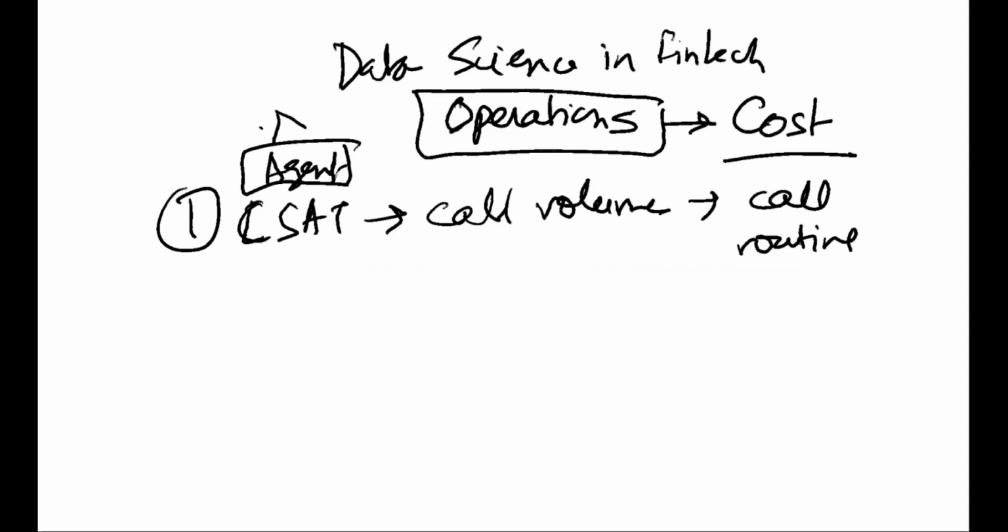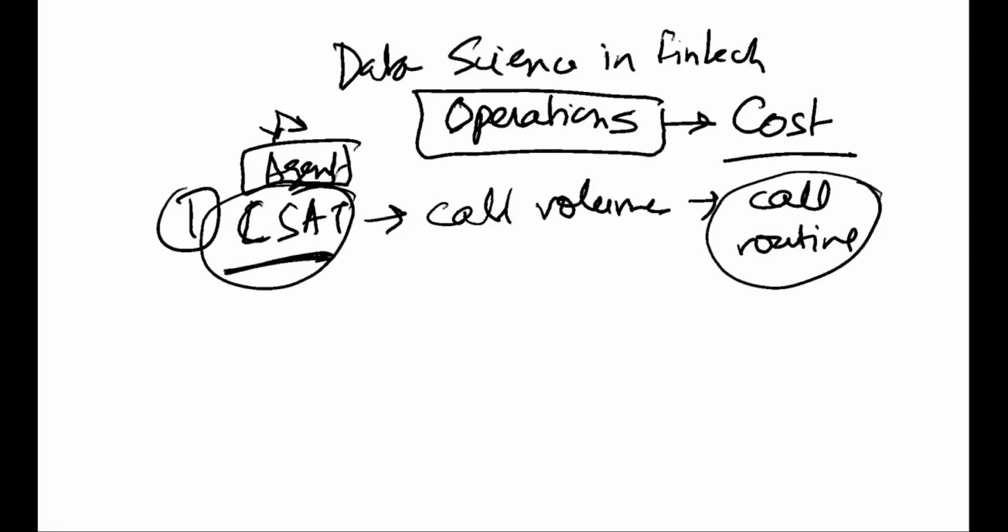Depending on the kind of business you have, you'll have fraud agents as well. We talked about fraud analytics already in the second episode of this mini series. Today I'm just talking about CSAT, meaning call resolution, customer satisfaction surveys for agents who are focused on call resolution, and that's where your analytics and data science will involve call routing and CSAT. How do you drop off CSAT? How do you improve CSAT, and so on and so forth.